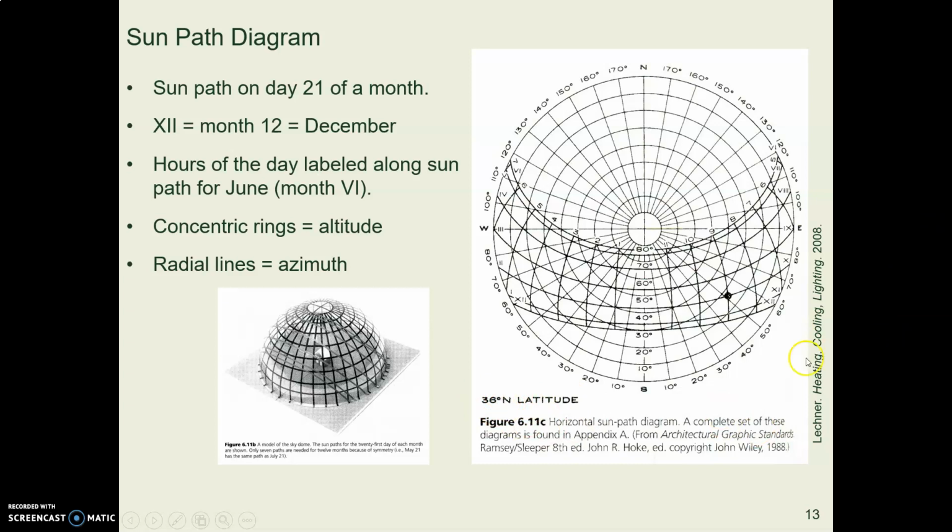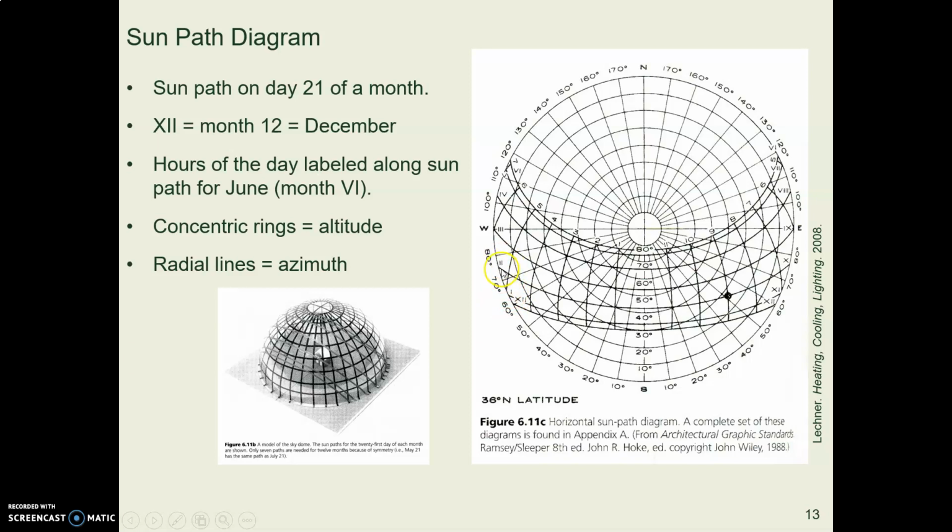All right. Now, each one of these lines going side to side represents the sun path for a month. And it happens to be the 21st day of each month. And you can just barely make out, over here on the side, Roman numerals. So numeral 1 is January.